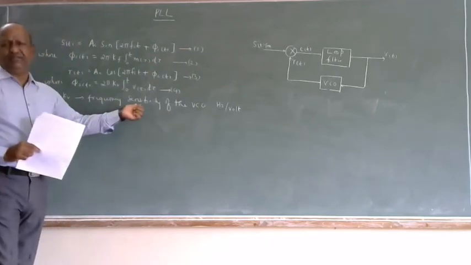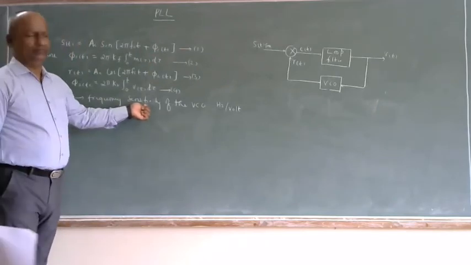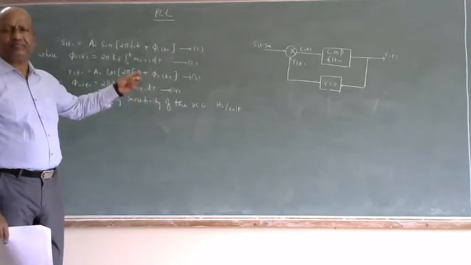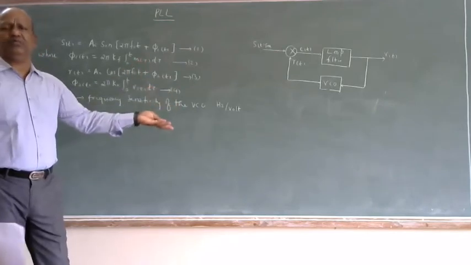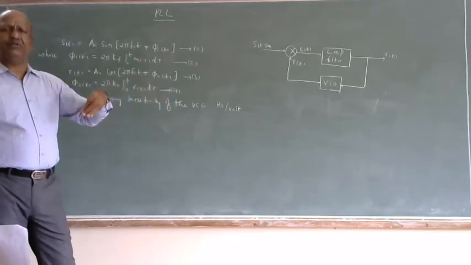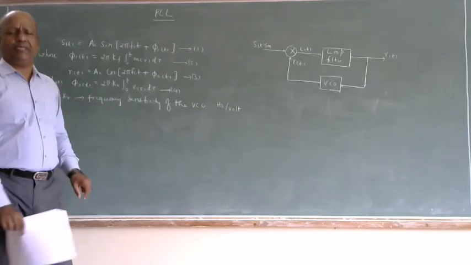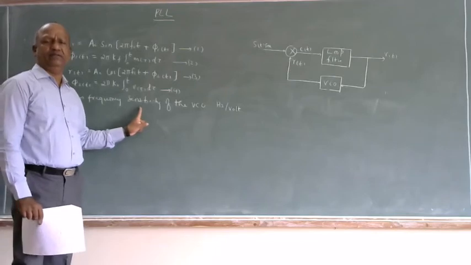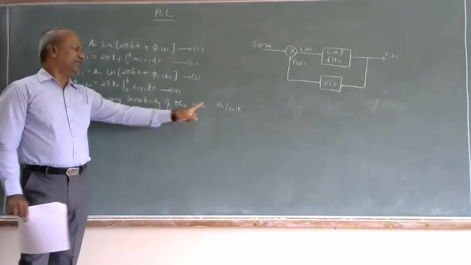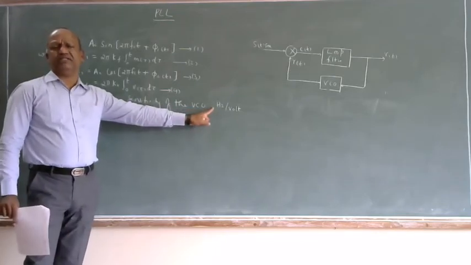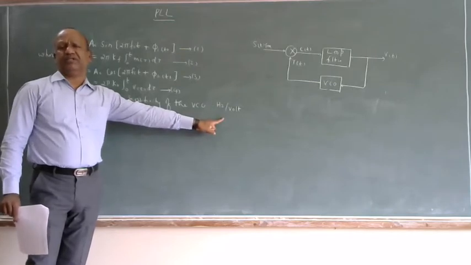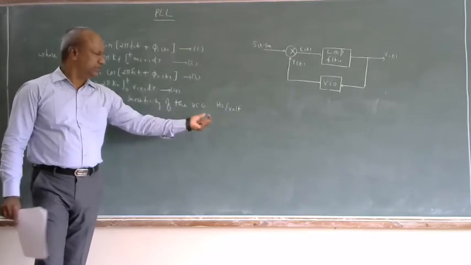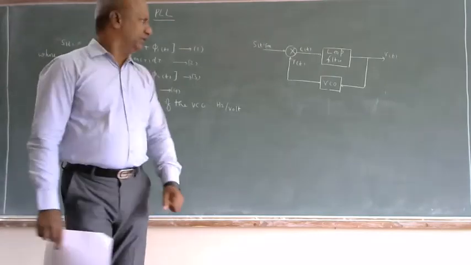The VCO always has a frequency sensitivity term, because it varies the frequency at the output with respect to the input instantaneous amplitude. It is defined in terms of how many hertz the output changes for an instantaneous voltage change in volts. So the unit is hertz per volt.